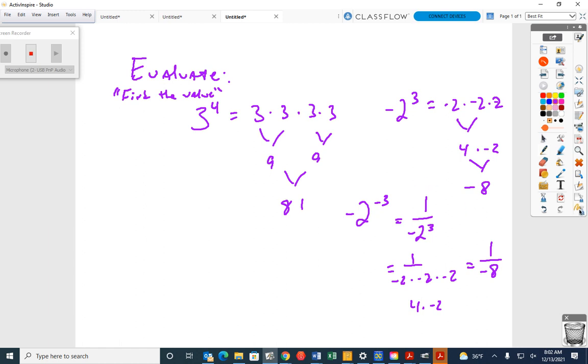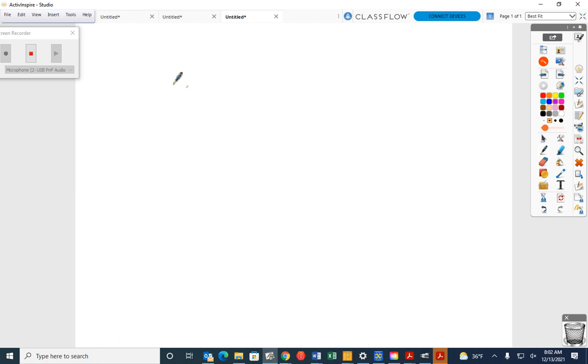Continuing with exponents. If I am multiplying exponents, for example, let's say I have 7 to the 3rd times, we'll say, 7 to the 5th. Who remembers when I multiply exponents, what do I do with those exponents? I add them.